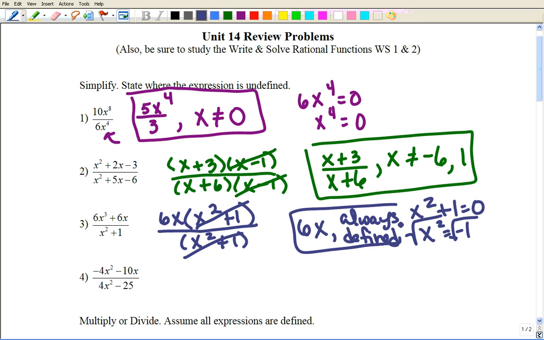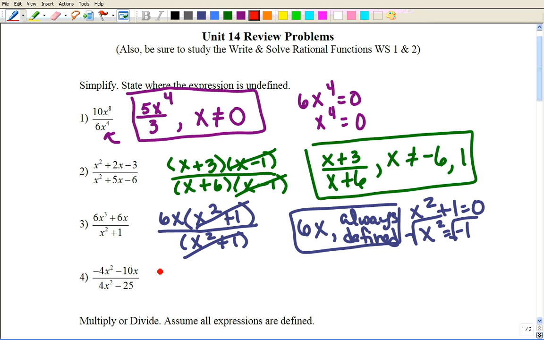And that should make sense because no matter what my x value is, whether it's positive or negative, when it gets squared it'll be positive and then plus 1. So this denominator will never be equal to 0 for any x value that we would plug in as far as real numbers go.